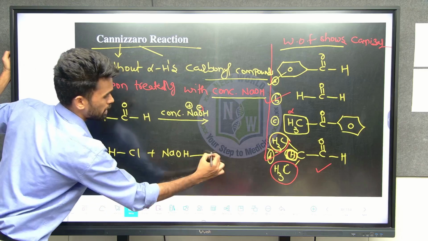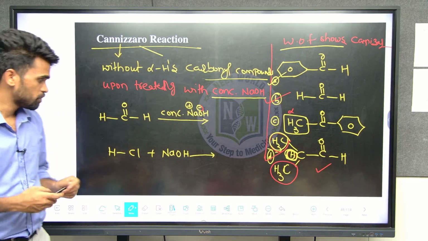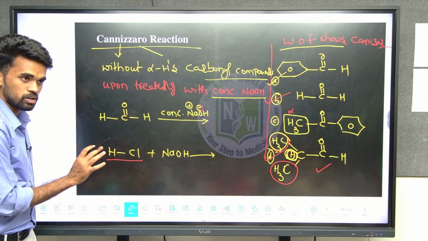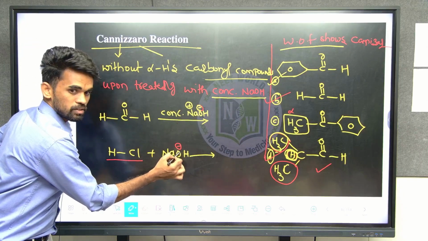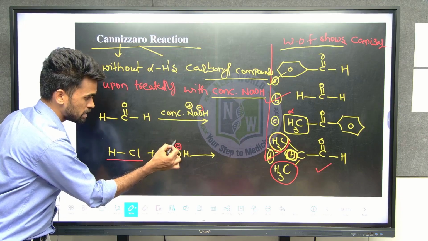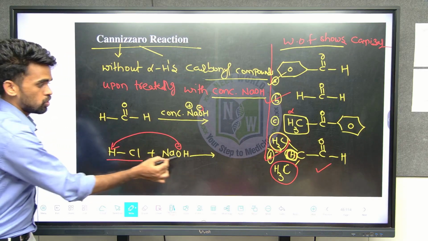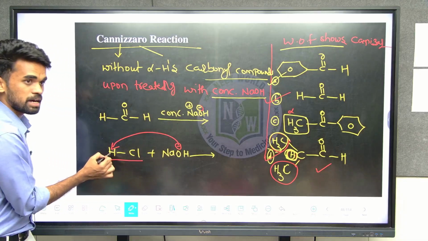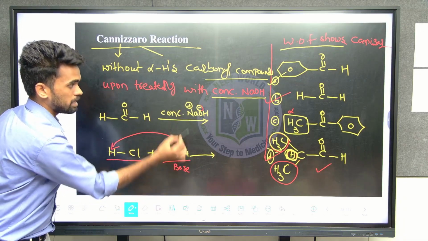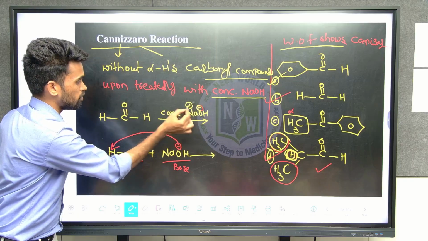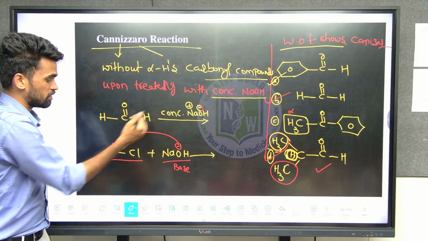Look at this basic difference between a base and a nucleophile. Here HCl is an acid. The OH minus from NaOH takes this H plus ion. So if OH minus is taking an H plus ion, then you should say it as a base. But in this case, OH minus will not be taking any H plus ions or reacting with any acids.